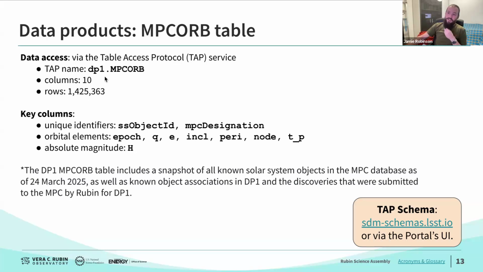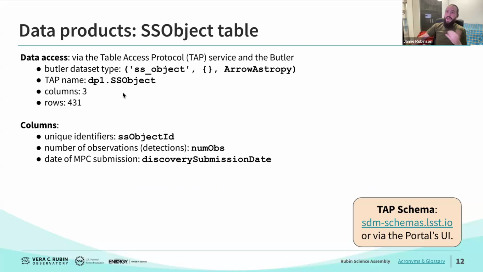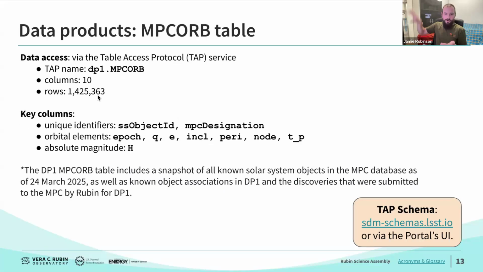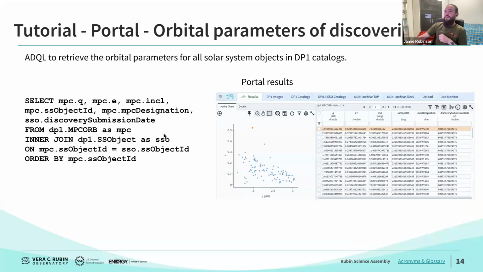And note that this is much bigger than SS object, but that's because MPC orb is downloaded from the Minor Planet Center as part of the pipeline. So this is the 1.5 million known solar system objects that have well-defined orbits in the Minor Planet Center. So we access this to match up on SS object ID, and then we can do orbital analysis, which we'll look at a little bit in the tutorial as well.